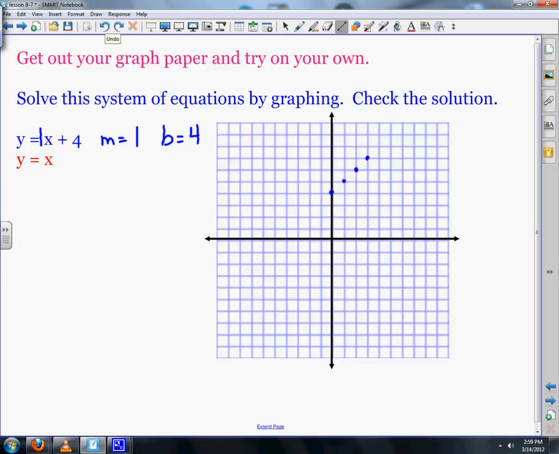We'll try that again. Okay, there's the line. Ignore this little line. Just delete it.